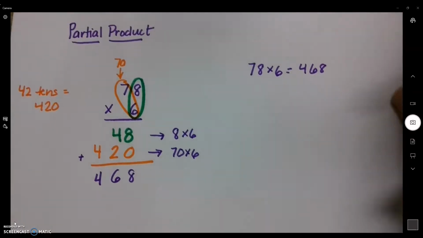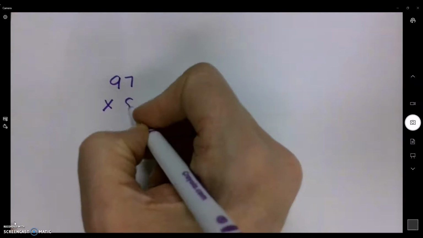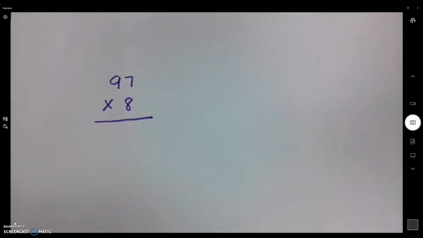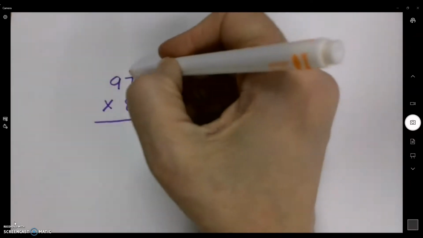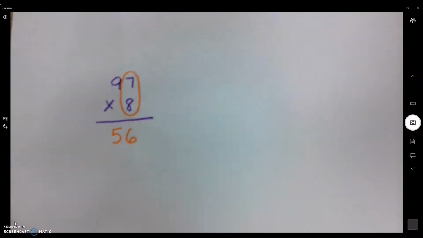We can try another one here. Right now I'm just sticking to 2 digits by 1 digit. Let's try 97 times 8. And we always follow that same process. I'm going to start out looking at my ones place. 7 times 8 is 56.